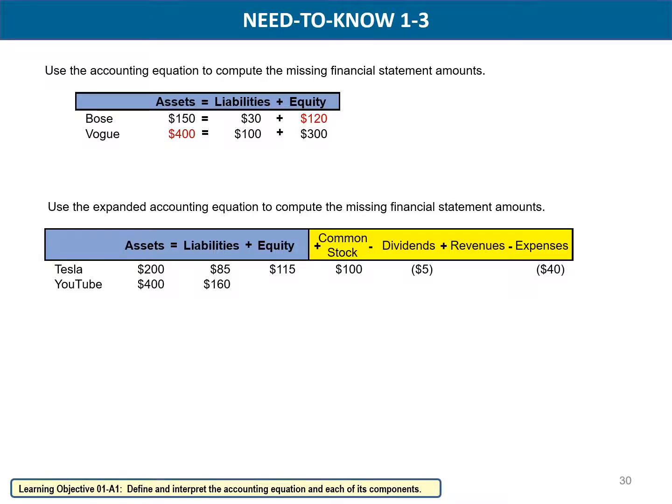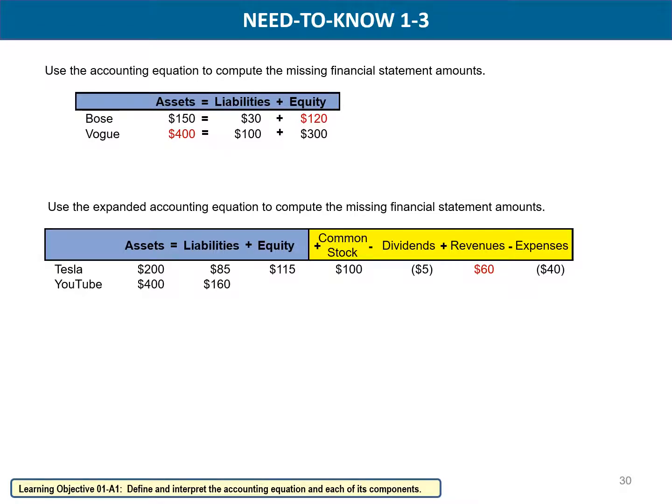The thing to remember with the accounting equation is that common stock increases your equity, dividends decrease your equity, revenues increase your equity, and expenses decrease your equity. So $100 minus 5 is 95, minus 40 is 55. So what number plus 55 equals 115?